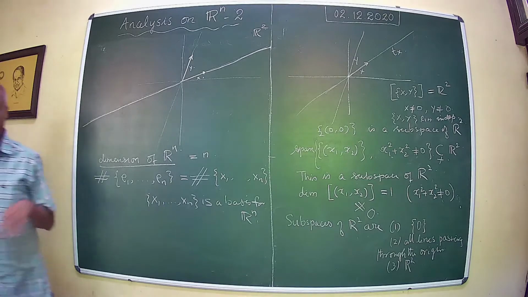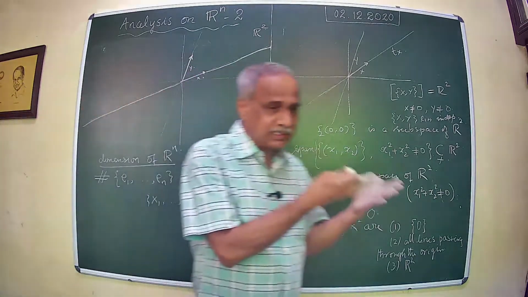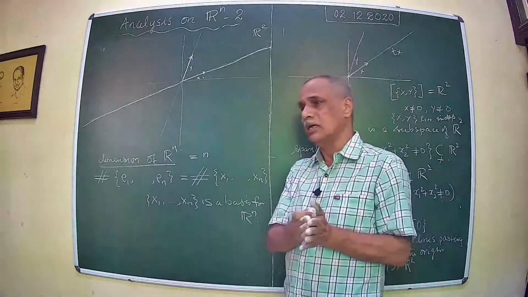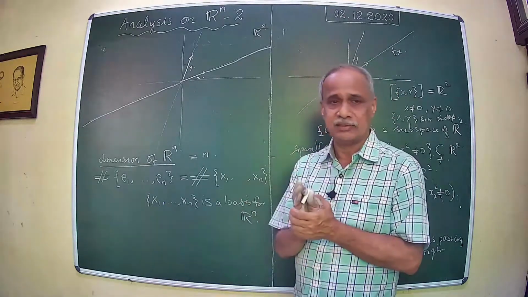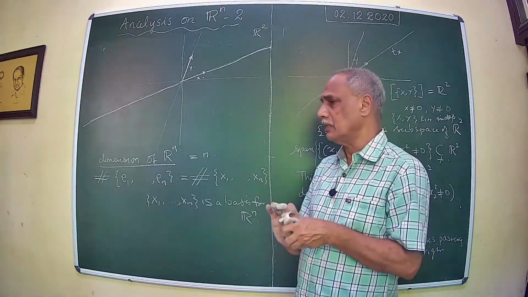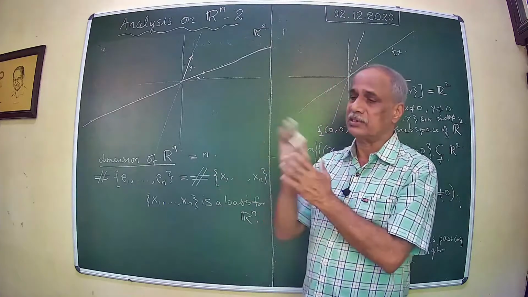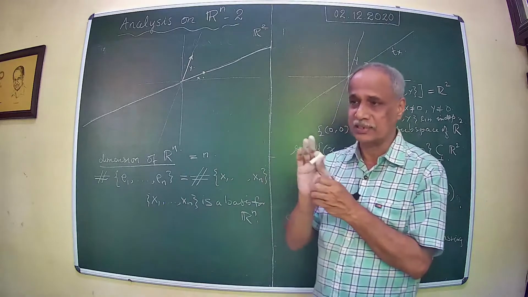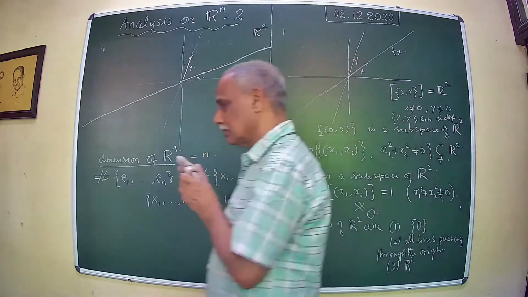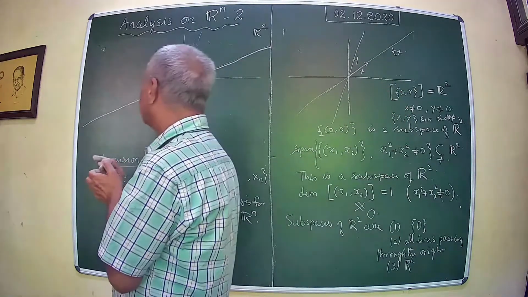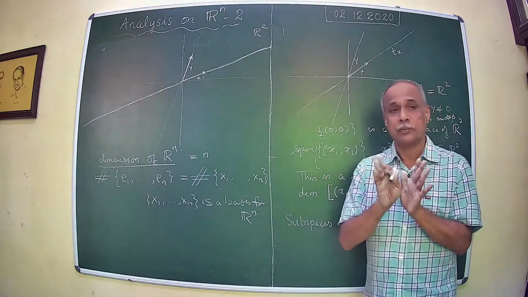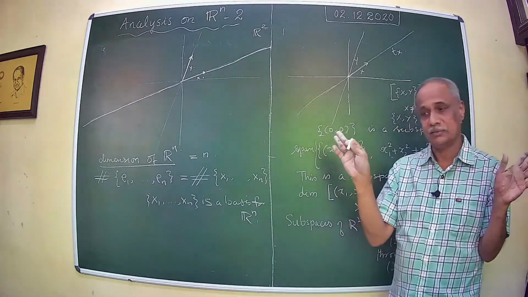So you can get subspaces of dimension 0, dimension 1, dimension 2, etc., subspaces of dimension n, which is the whole space. Okay, right? So this gives the scenario of all subspaces of Rn.